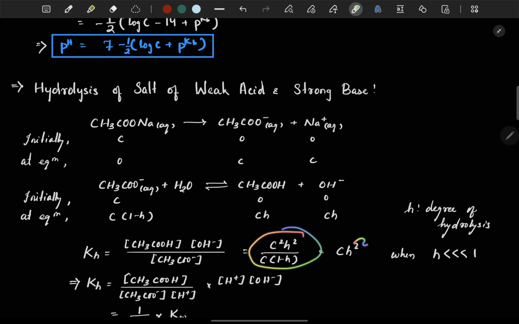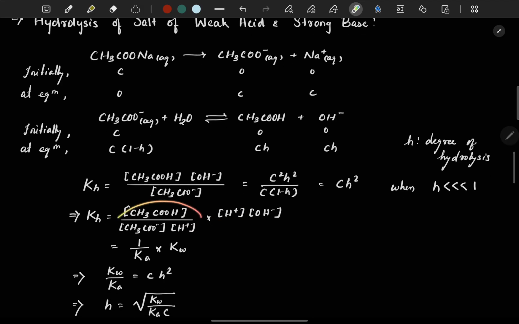This will be Ch square, where h is very less than 1, that is 1 minus h is nearly equal to 1. So again, multiplying and dividing by H plus ion, we will get this as 1 by Ka and this as Kw. So we can say this Kh is equal to Kw divided by Ka, which is equal to Ch square.